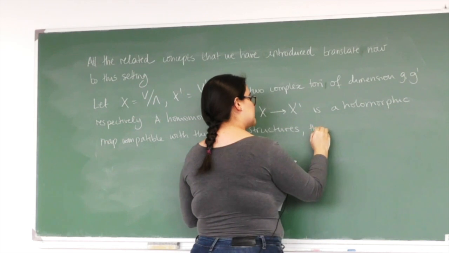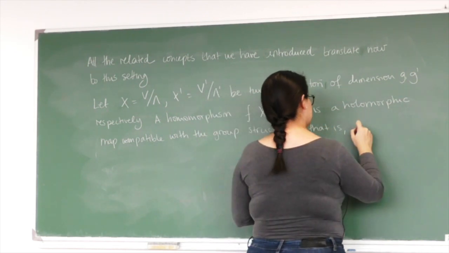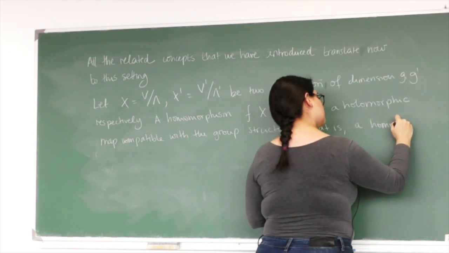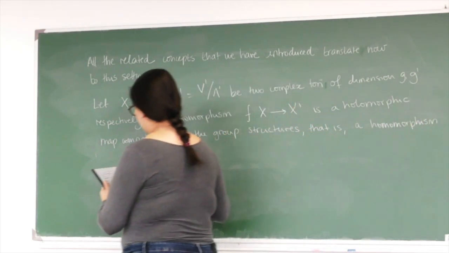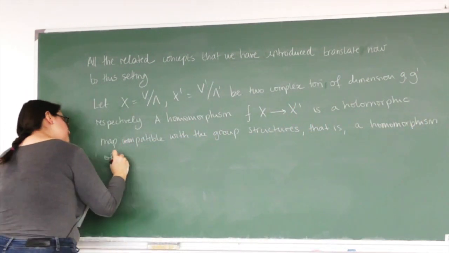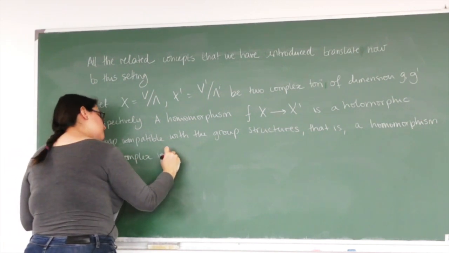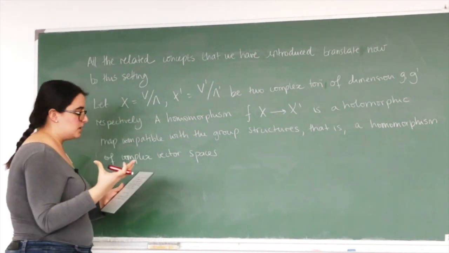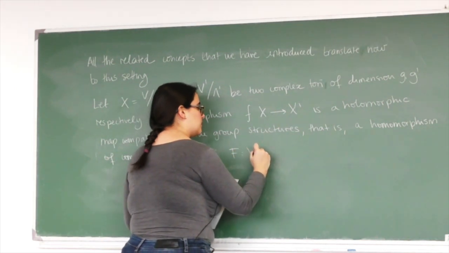And what that means in practice is that we have a homomorphism of complex vector spaces, and let me give it different letters so that we don't confuse ourselves with one another.